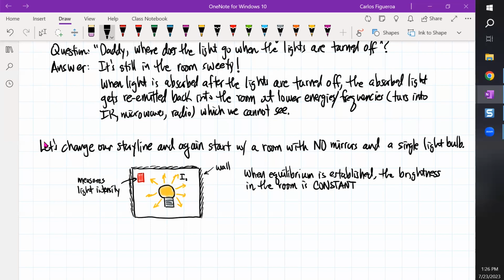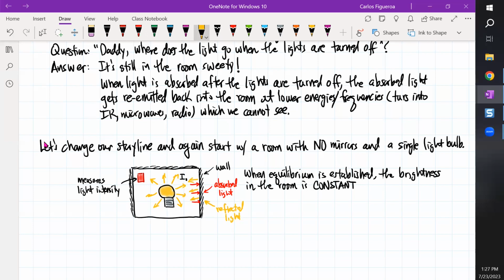So what does that mean? It means I'm going to have light that's coming in, and this light here is absorbed light. And then some of the light from the walls is reflected back. So this is reflected light.